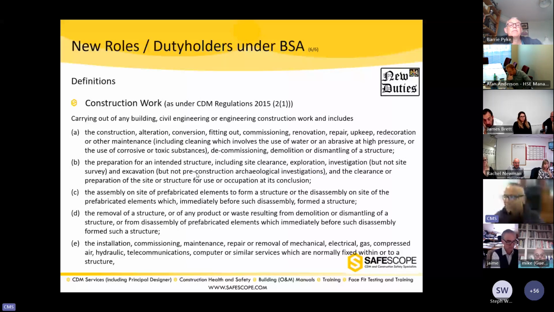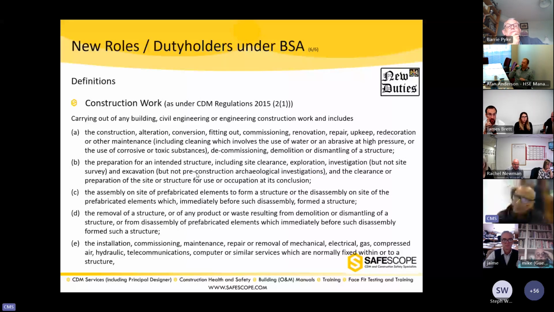Preparation of the intended structure, site clearance, exploration, etc. Assembly of prefabricated elements on site, removal of a structure, i.e. the demolition of it and disassembly. That's not included in the building work, but that's included in construction work. And the installation, commissioning, maintenance, repair. So you can see the difference between the two is hugely different.